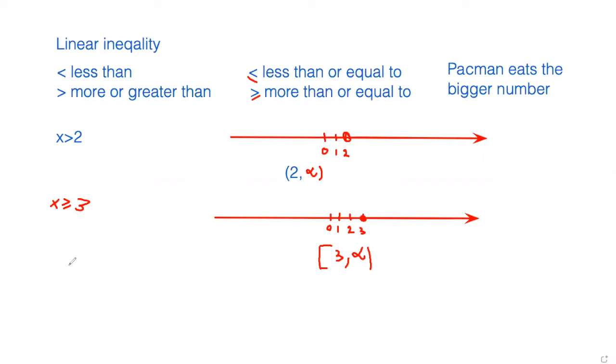But again, x can be less than any number. I will show in the next slide. So x can be less than negative 3, suppose. If you want to draw it, so 0, negative 1, negative 2, and negative 3. So x is less than negative 3, meaning negative 3 is not a value.